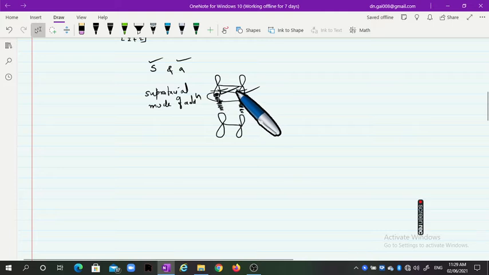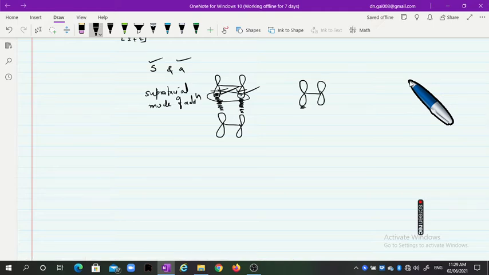If the second ethylene molecule is added, with the first lobe taken from the bottom lobe and the second added from the top lobe, below lobes and top lobes, such a type of addition is called the suprafacial mode of addition.